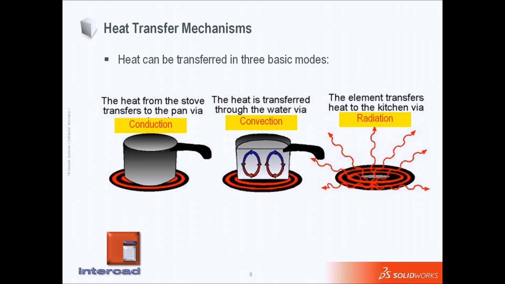As you can see, the pan is on the stove and the temperature distribution through the water level is through convection, as it's in contact with the pan surface. And the last category is radiation, which is heat transfer by electromagnetic waves from a hot surface to the environment. We can have any of these, and more realistically, all three of these mechanisms will mostly occur in our daily activities.